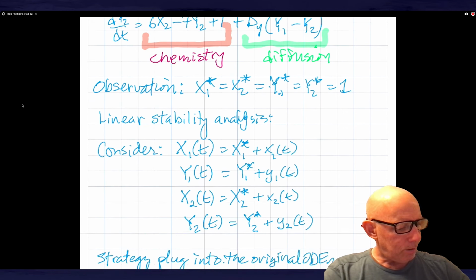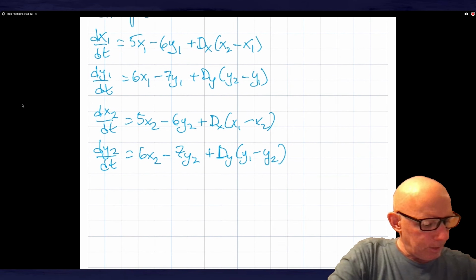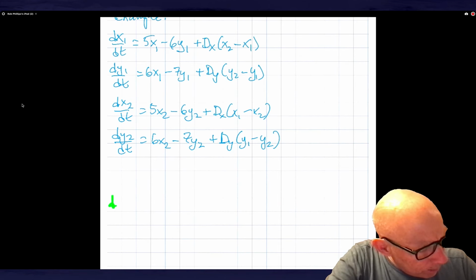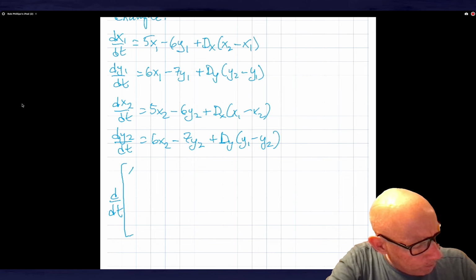So now I'm ready to write this in matrix form. Let's do that by inspection. I have d by dt of this vector, which is 4-dimensional, and then on the right hand side we are going to write this matrix, and it's going to multiply x1, y1, x2, y2, in order to write in equivalent matrix form what we have up top here.